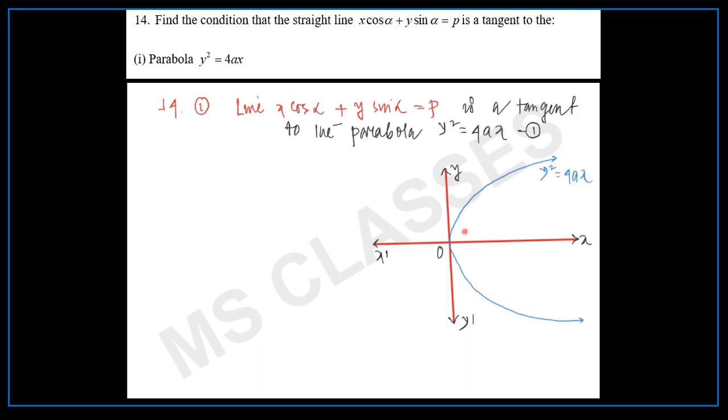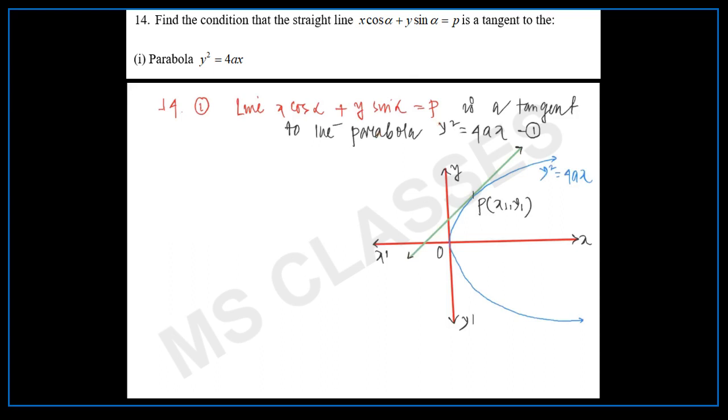Now here, if this line is a tangent, we can draw it in this way. We can just represent this in this way. Now, if it is a tangent, this is the point of contact. The equation of the tangent at this point and this line should be identical.